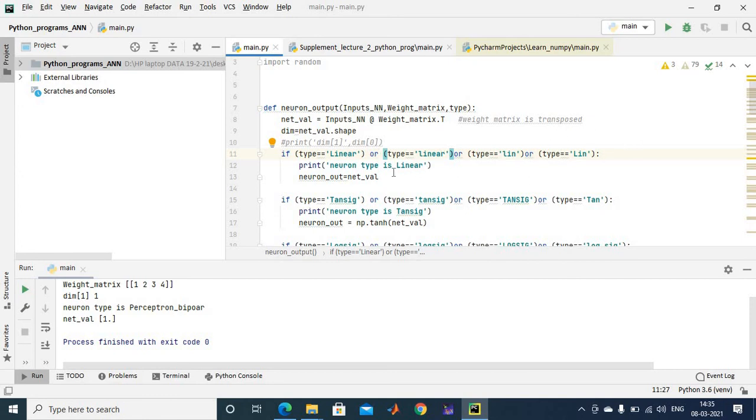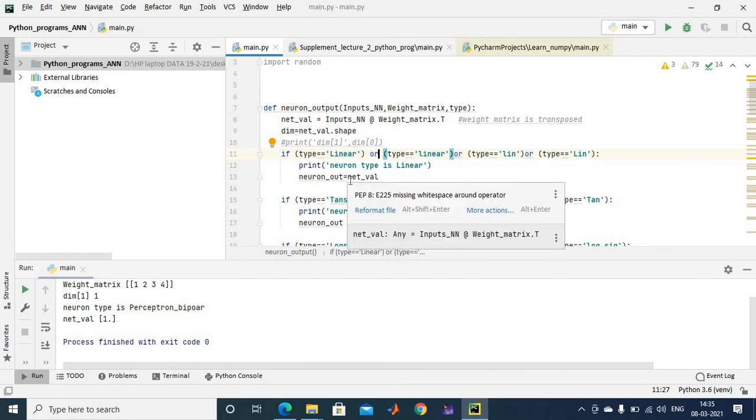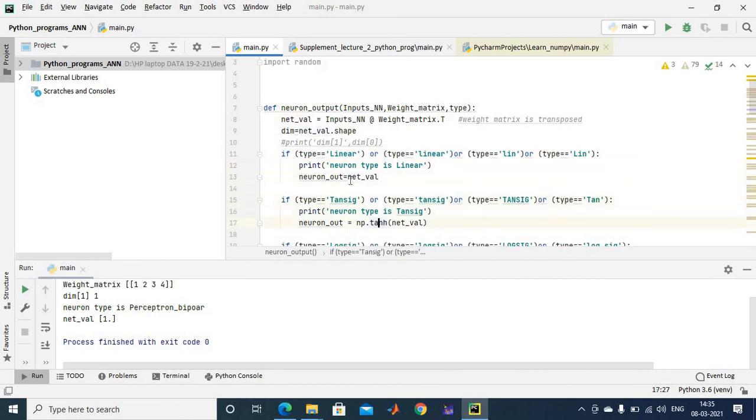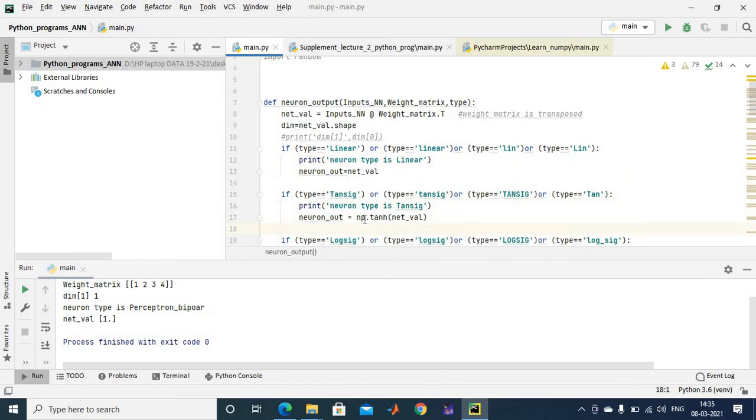You can add more to that. If it is linear, then the net value itself is the output. Whatever the net value is, that comes out as the output. If it is tan sig, then you can simply take tanh of the net values.